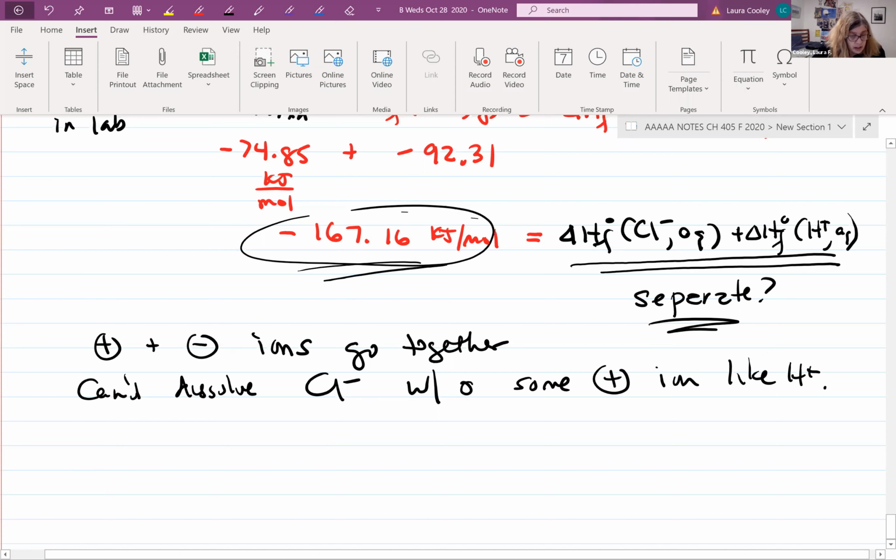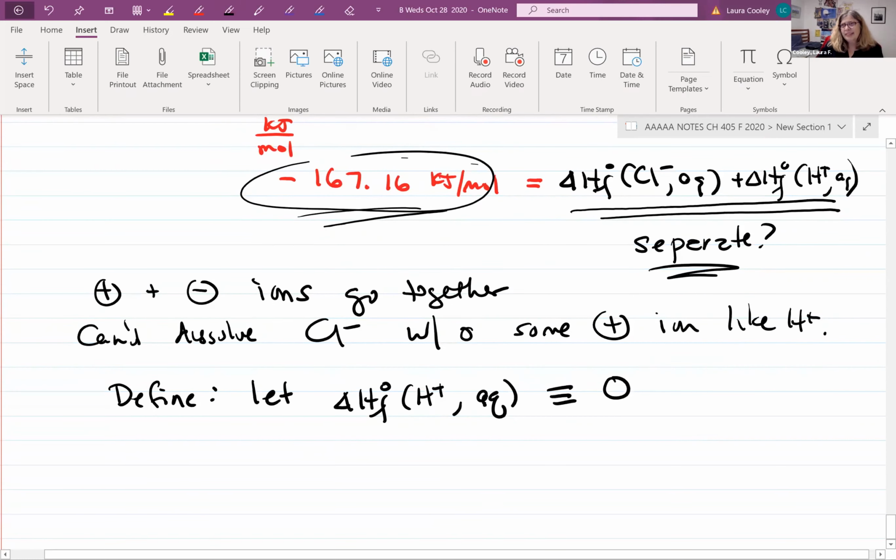What we do is we define a zero. We just say, let the delta HF0 of H plus equal 0. Well, that's pretty crazy, isn't it? So when you look up in the books delta HF0 of H plus aqueous, it says 0 in there.